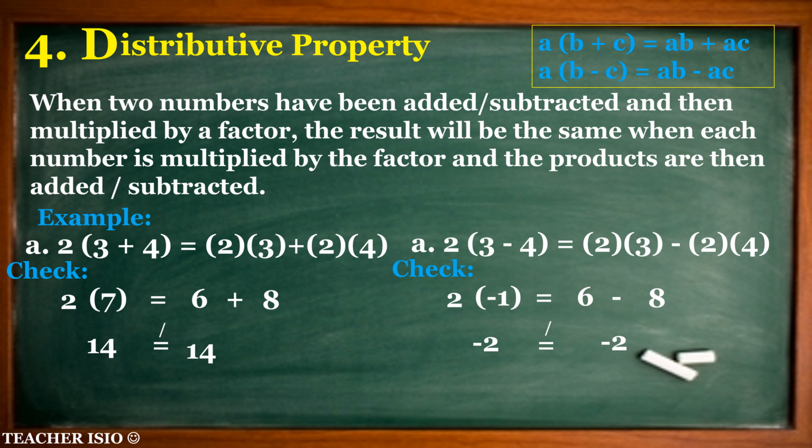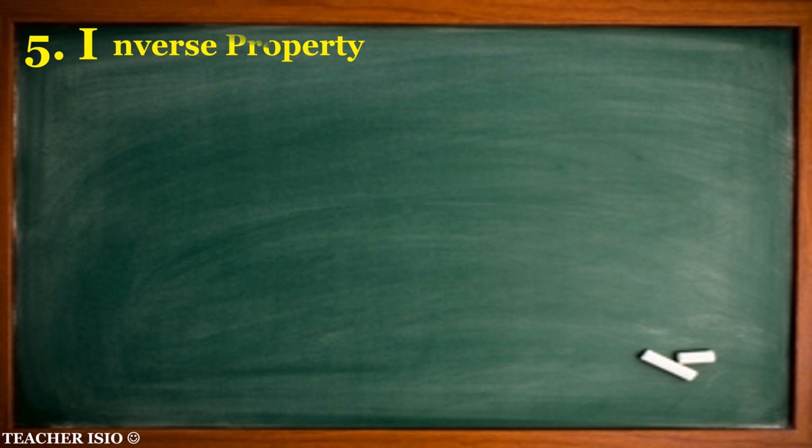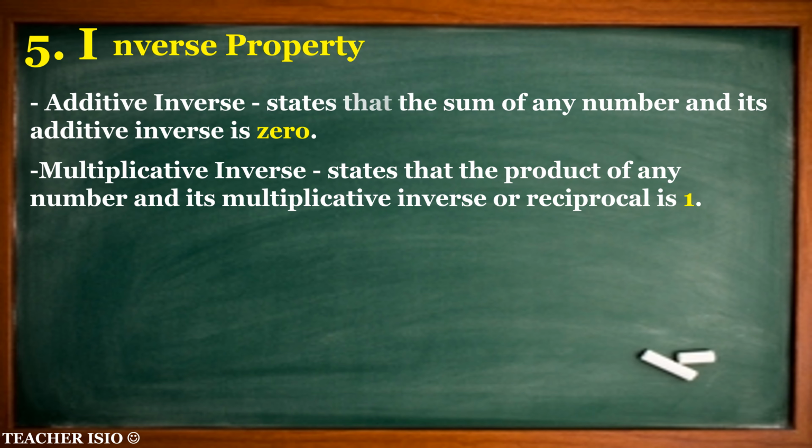So, tapos na tayo sa ACID. So, may dalawa pa tayo. Let's have the next one. Next, we have I. So, I stands for inverse property. Additive inverse states that the sum of any number and its additive inverse is 0.